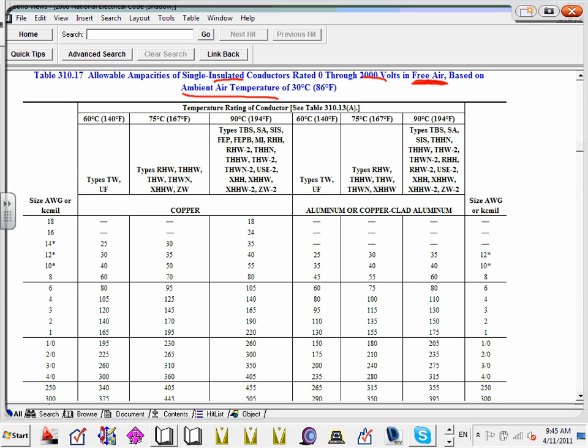So if you are to use cable trays, Article 392, I'm going to remind you guys, cable trays are Article 392.